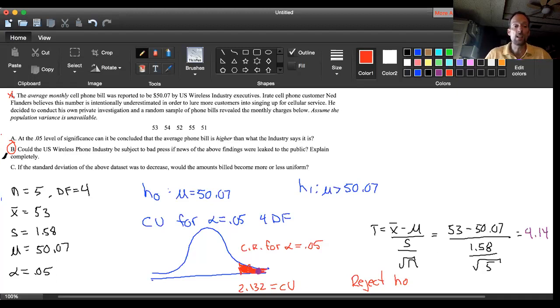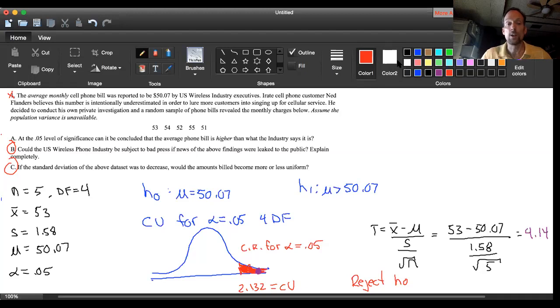And part C, they've asked us, if the standard deviation of the data set were to decrease, would the amounts billed become more or less uniform? If our standard deviation is going down, it means all of the numbers in the data set are converging on the average, with very little gaps of space in between from one number to the next.